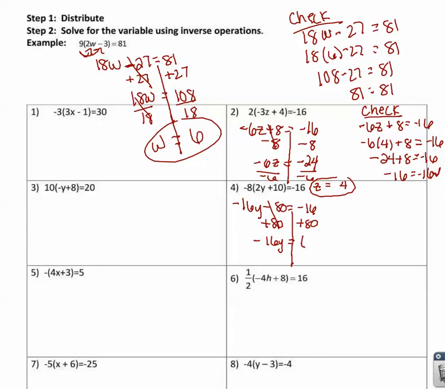To get negative 16y equals 64, divide each side by negative 16, and you'll get y equals negative 4. Remember, a positive divided by a negative is a negative. Again, you want to check your answers.